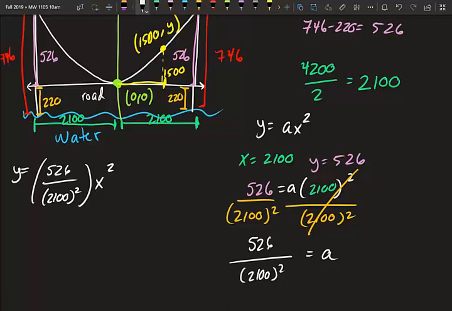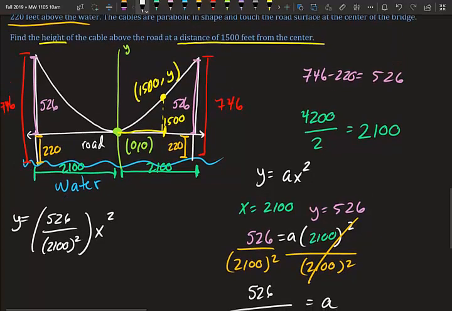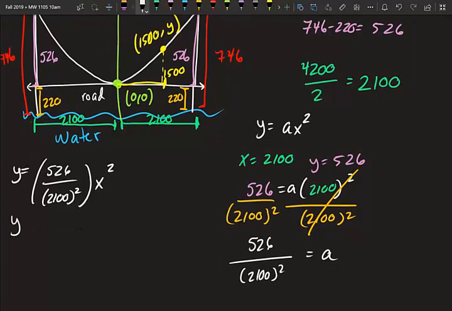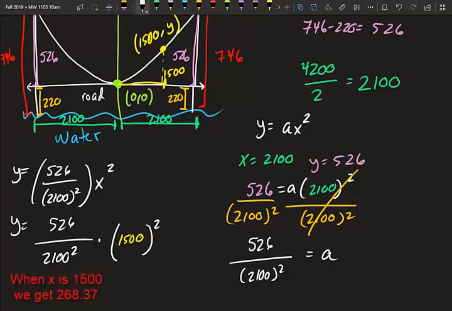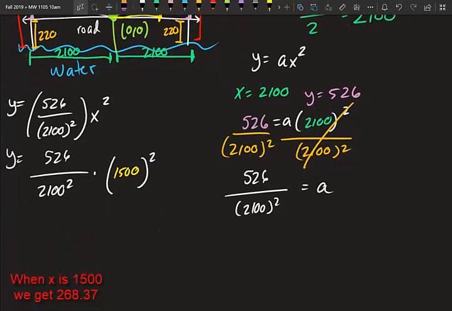Alrighty. So now that we have our equation, can't we find the y if we have x? So they're saying if x is 1,500, what's y? So let's plug in 1,500. So we have y equals 526 over 2,100 squared times 1,500 squared. Please plug this into your calculator exactly the way it looks, and when you do, we get 109.3 feet.